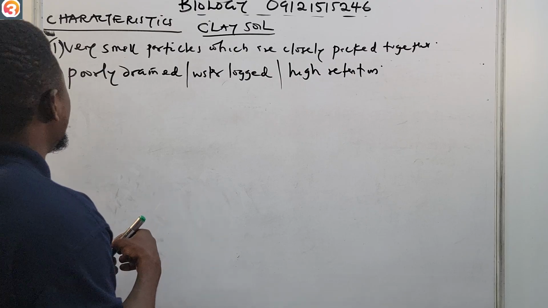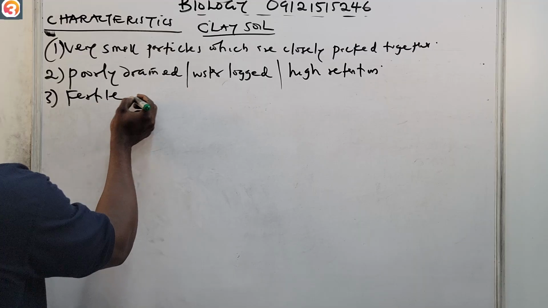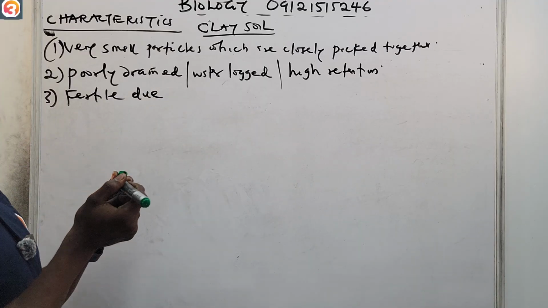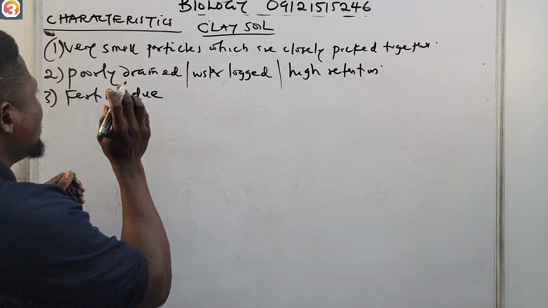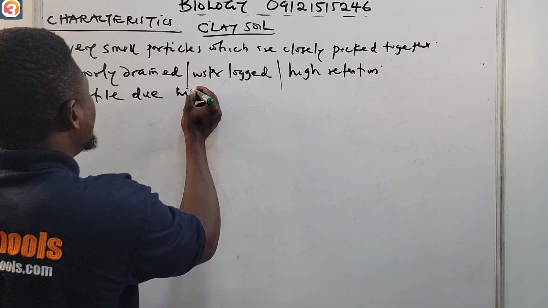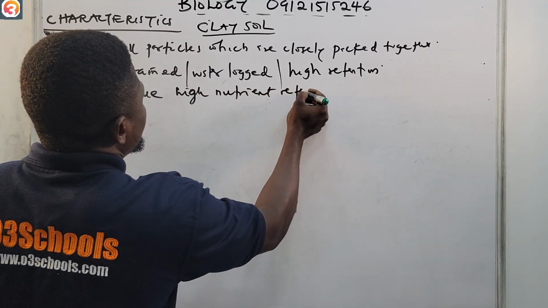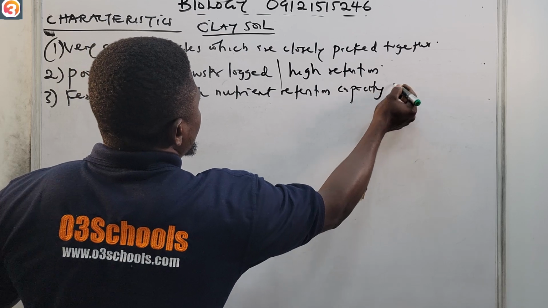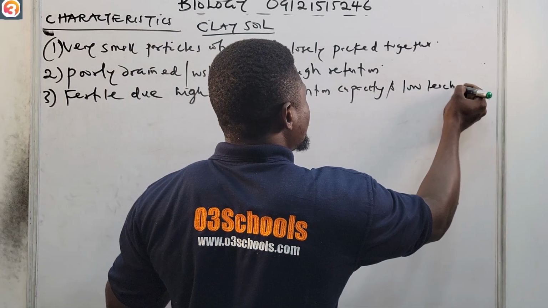Number three, they are fertile, and the reason why they're fertile is that they can retain nutrients. Anything that goes in there, they can retain it. So they're fertile due to high nutrient retention capacity, and also they have low leaching.